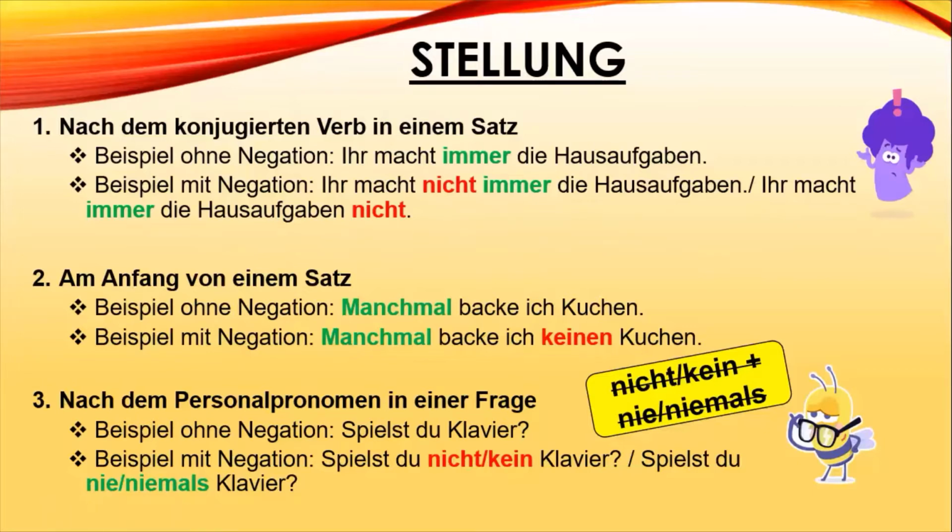Now you might wonder, what is the difference between these two sentences? Now they look similar, but there is a grammatical difference between these two sentences. The first sentence is negating the adverb, and the mother is angry at her children that they don't always do the homework.